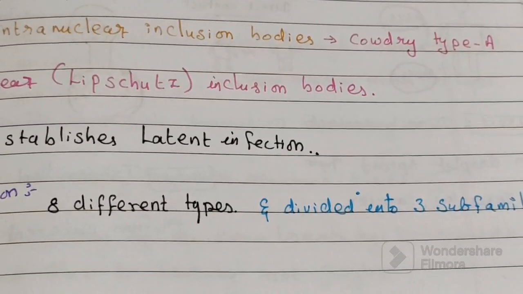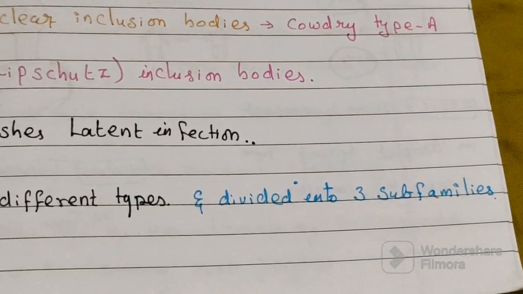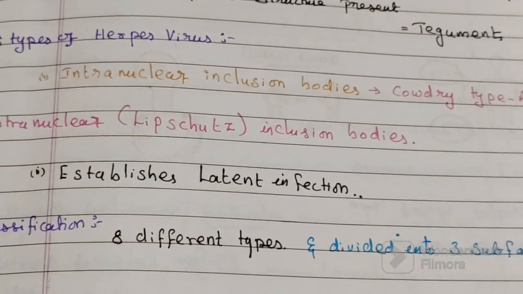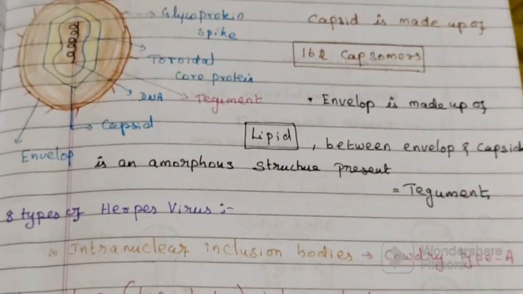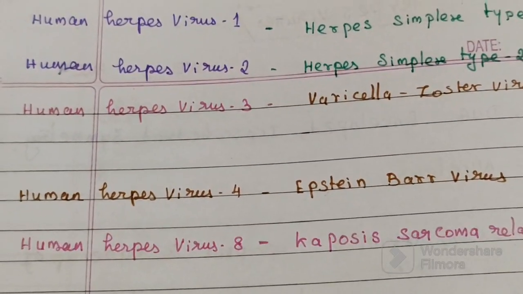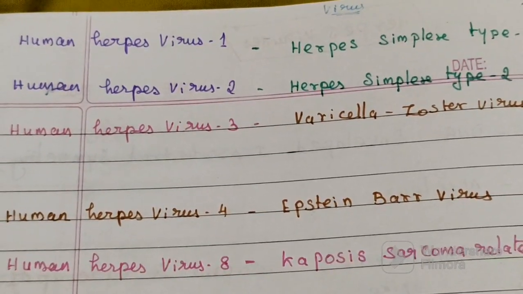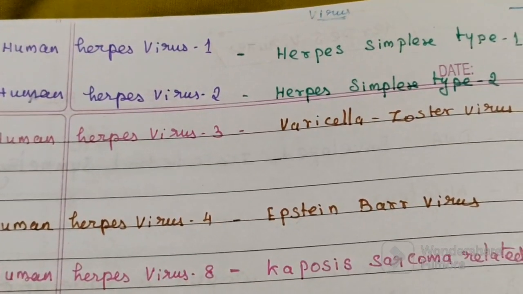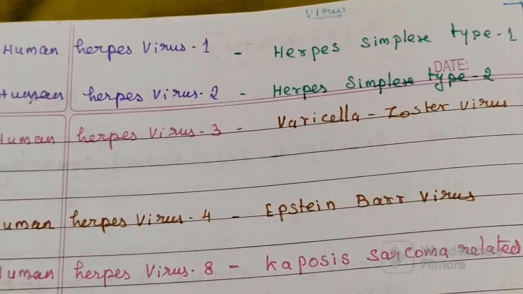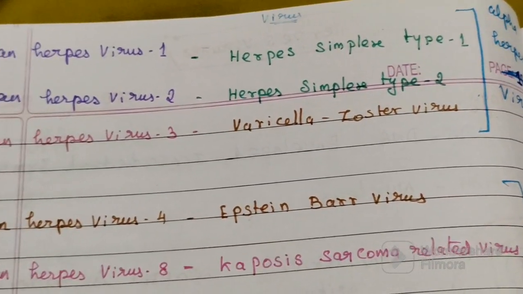Classification: there are 8 different types, divided into 3 subfamilies. There are 8 types of human herpes virus, 1 to 8. Human herpes virus 1 is Herpes Simplex type 1.